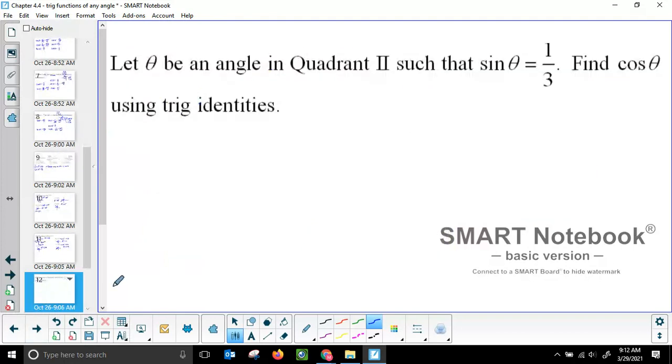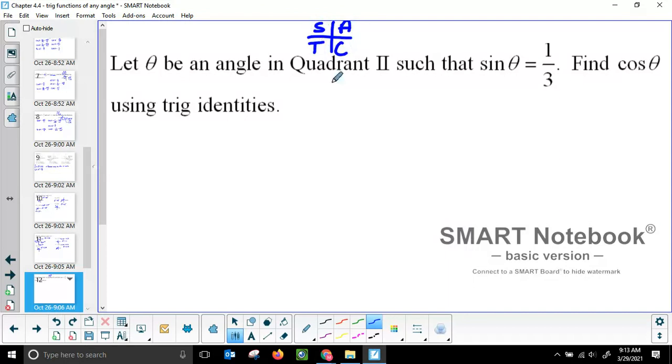All right. Let theta be an angle in quadrant 2 such that sine of theta is equal to 1/3. Find cosine of theta using trig identities. So we're in quadrant 2, and we know all students take calculus.